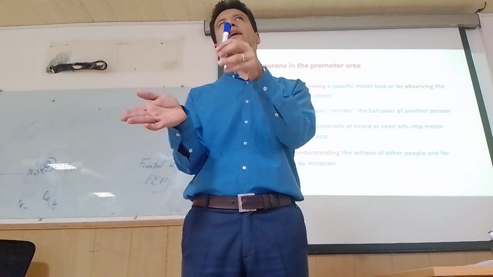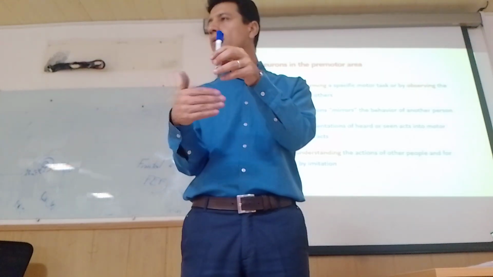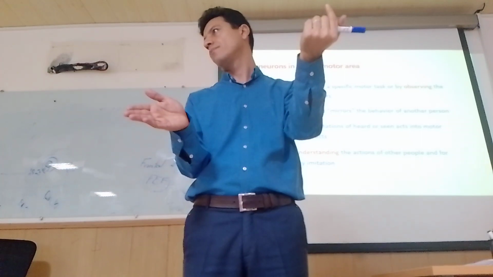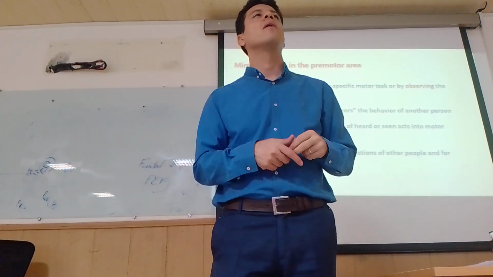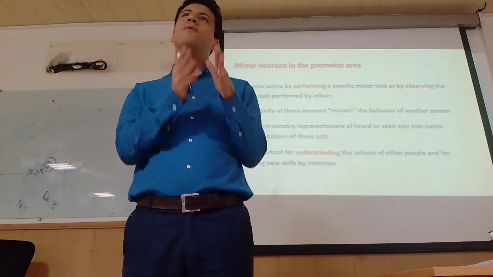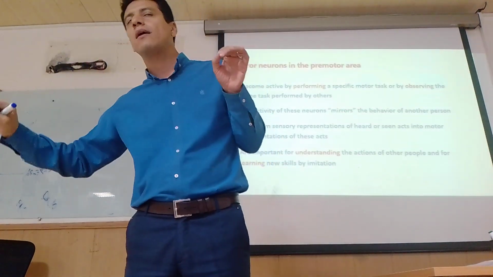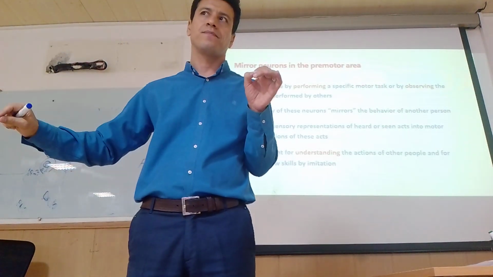So we can expect that before a movement, we need action potential in the cortex, right? Okay. So action potential in motor neurons of the cortex are associated with a movement in the body.